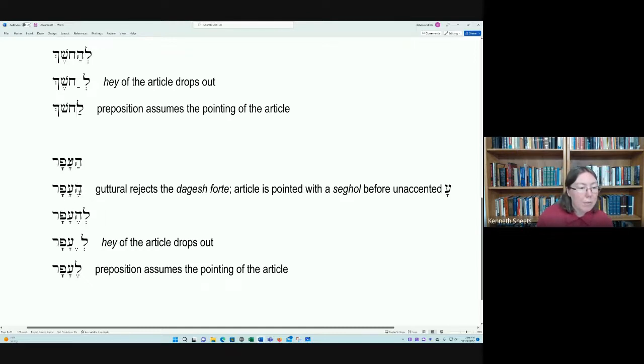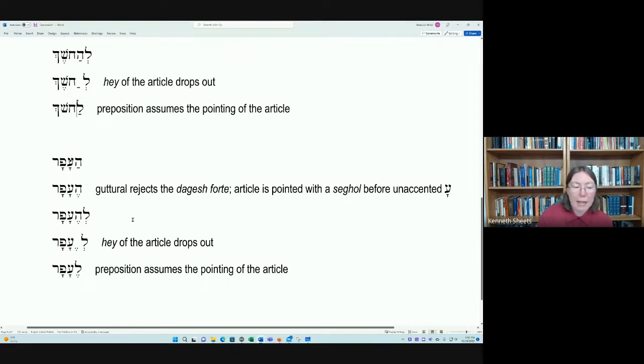So now that would leave us with just the hey with the pathak followed by afar, dust. But because the ayin is pointed with that kamates, and this is in fact an unaccented syllable, the article is going to change pointing to a segel. So the guttural rejects the dagesh forte, and the article is pointed with the segel under the influence of the unaccented ayin kamates. So thus we have the dust.